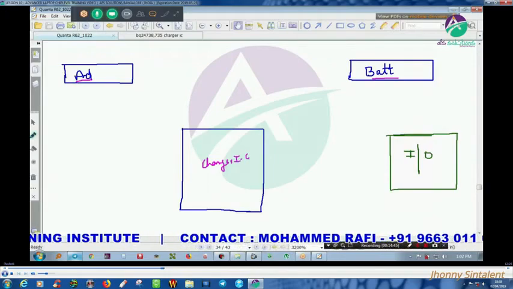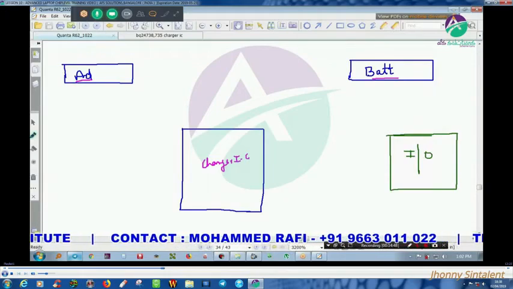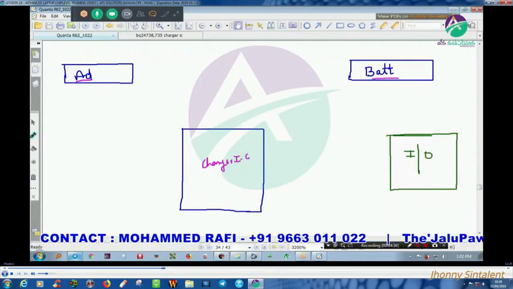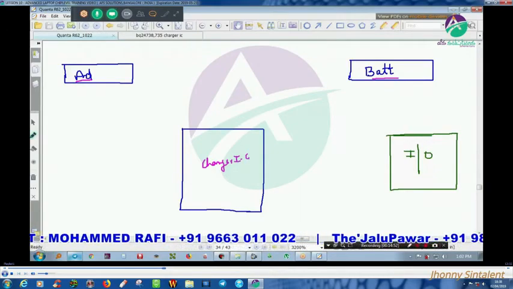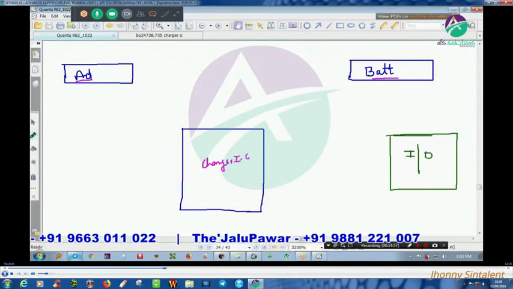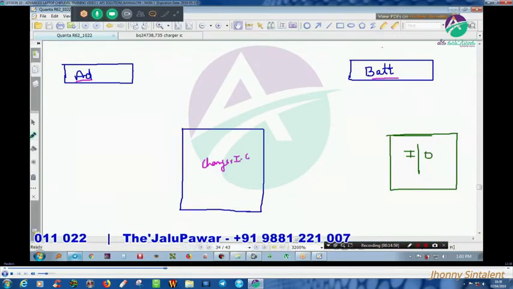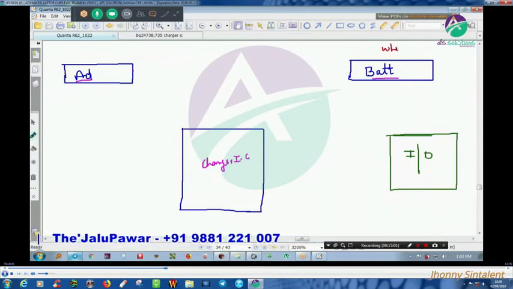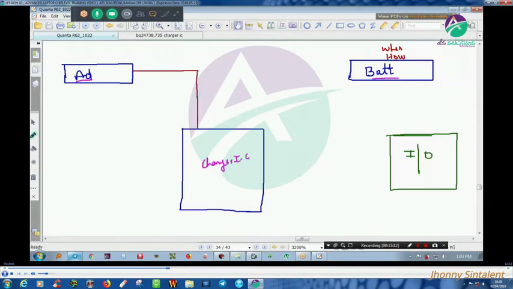Now the IC work has started. Till now we did not have any IC. Now the question is when the charging IC is going to charge the battery.